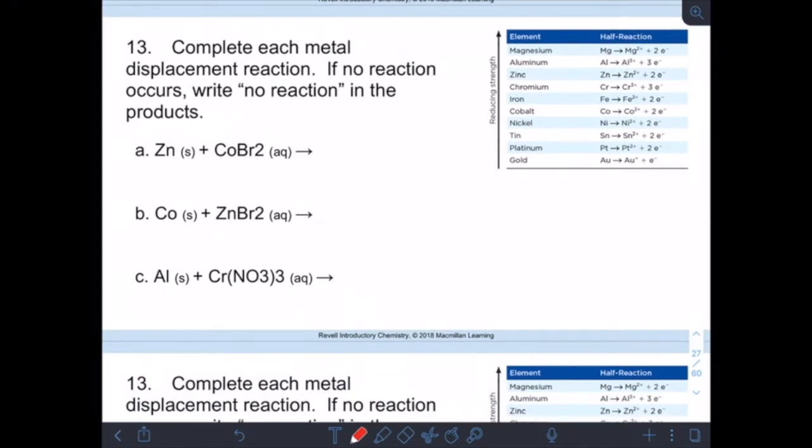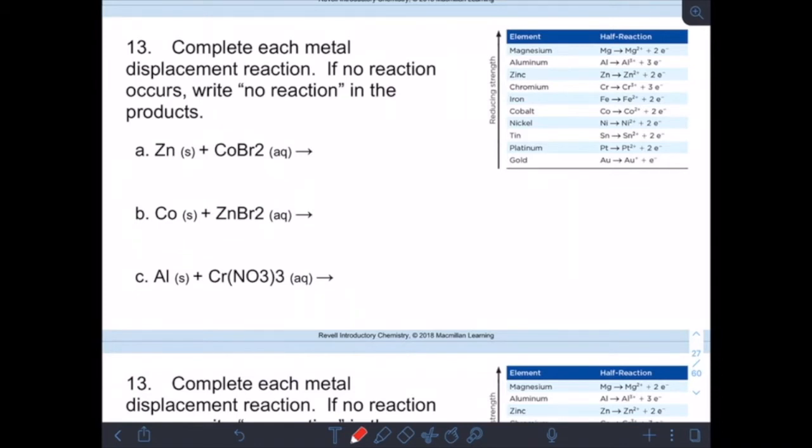All right, let's complete each metal displacement reaction. If no reaction occurs, write no reaction. So let's decide first whether a reaction will happen before we bother trying to put things together. If a reaction happens, we're going to do a single displacement reaction. But let's decide first if something will happen.